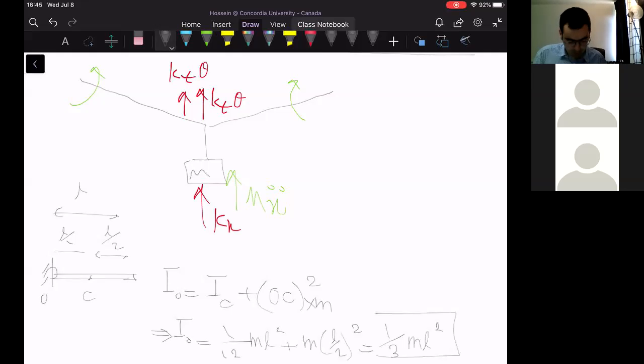This is the corresponding inertia for each beam which opposes the motion: 1/3 m L squared and 1/3 m L squared.